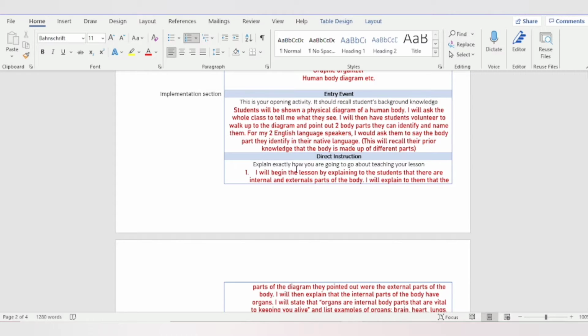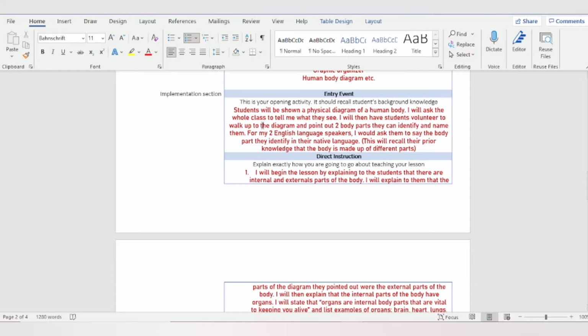You're going to explain all of that in your entry event. Whatever entry event you come up with, that's what you're going to explain. So I said students will be shown a physical diagram of a human body. Those are the diagrams the science teachers bring in the classroom, the biology diagrams.